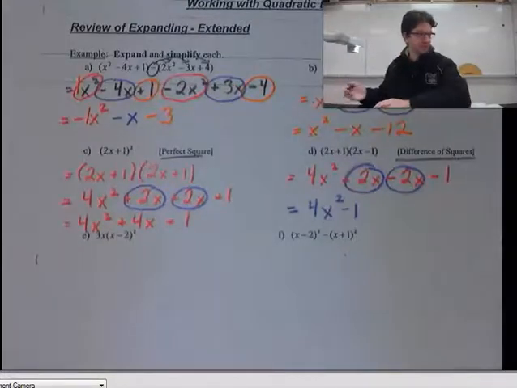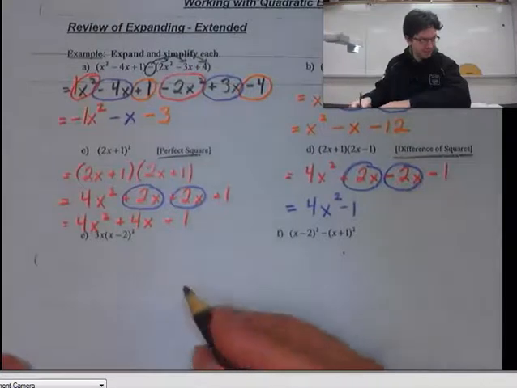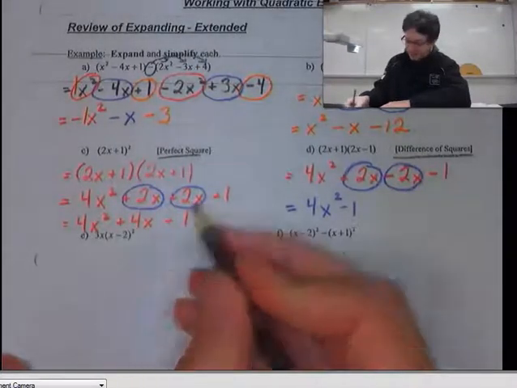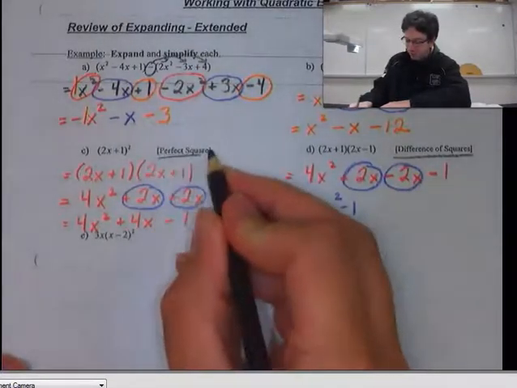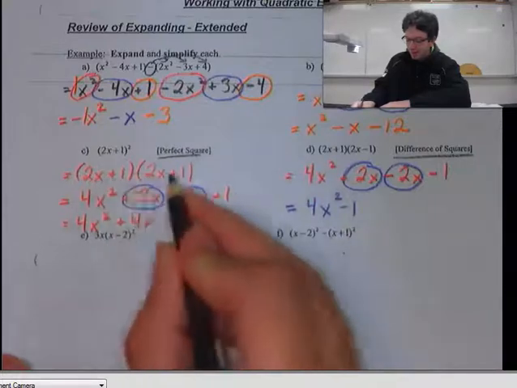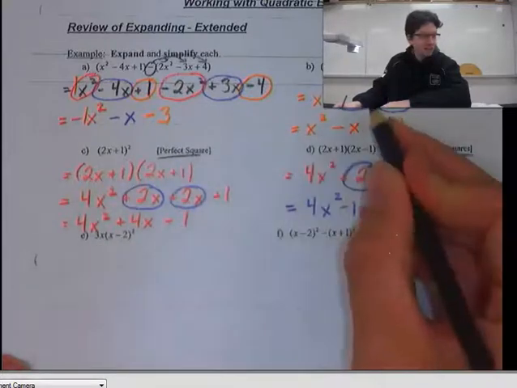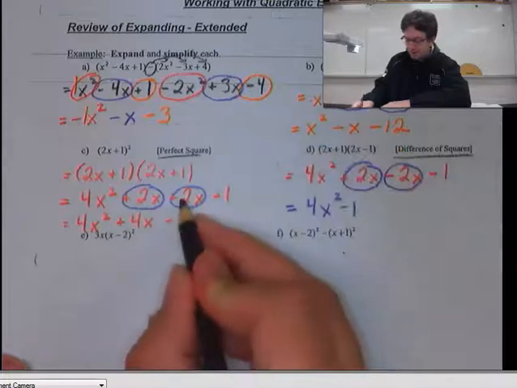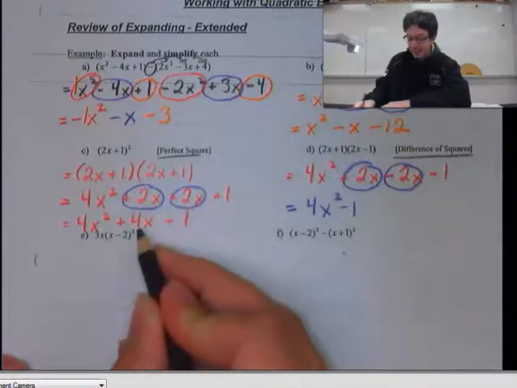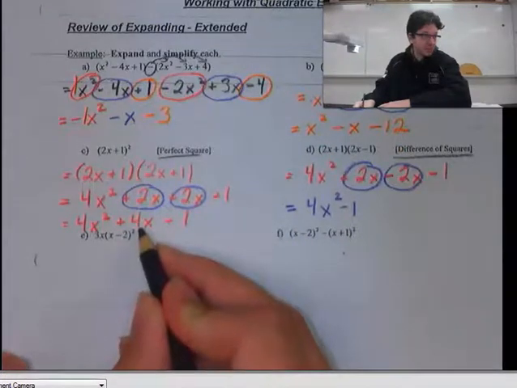Alright, so I have more disk space now. So let me just do a recap. So for a perfect square, when we multiplied these two binomials together, just like we did up here, the two center like terms added, and so essentially doubled.